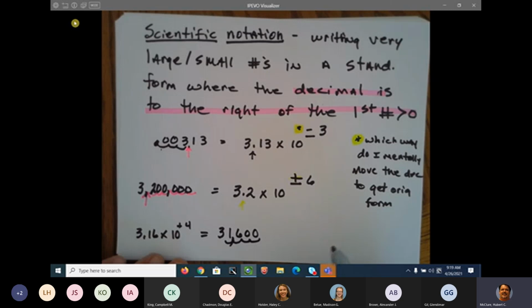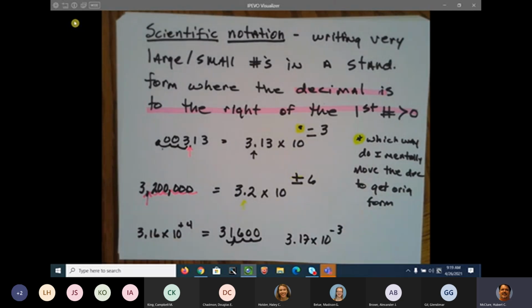And then they got this one, 3.17 times 10 to the negative 3rd. And you'll go, okay, that's negative, so that means I got to move it to the left, so that'd be 2 zeros. And like I said, those 4 right there are not what students miss.